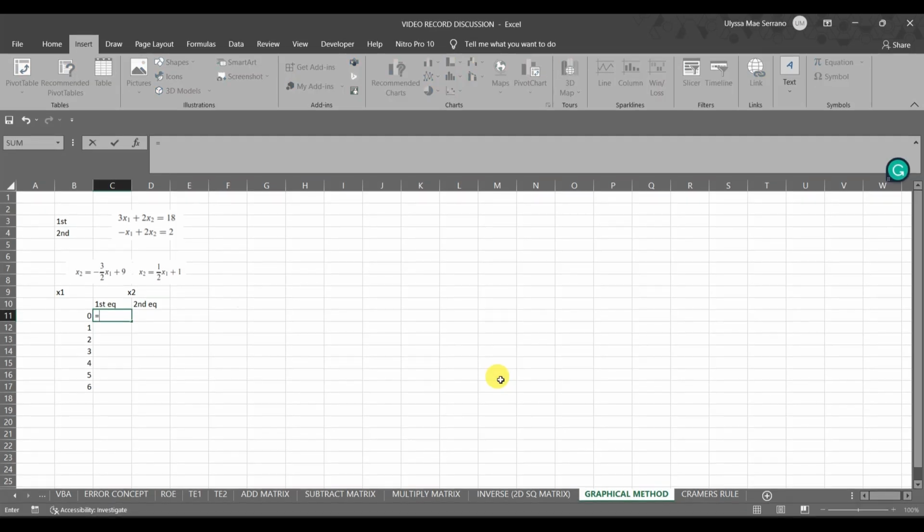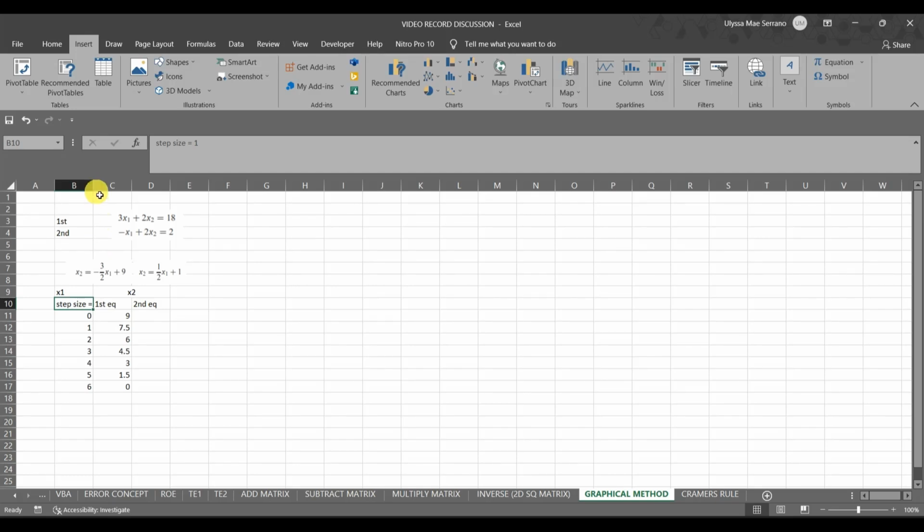Using the rearranged equation, we have negative 1.5 multiplied by the value of 0, plus 9. Simply by copying this down to all the numbers, we were able to find the results of the function. We used here a step size of 1.